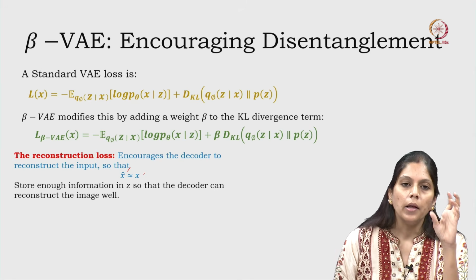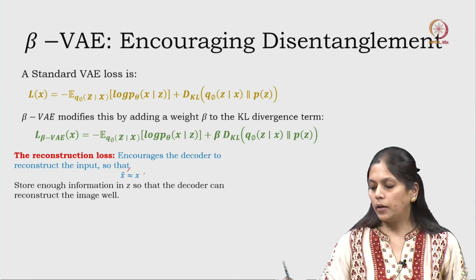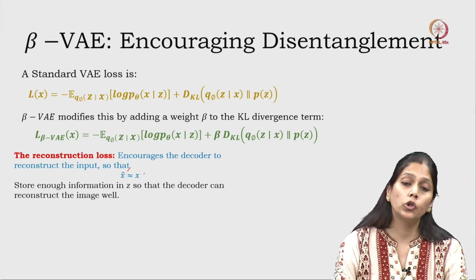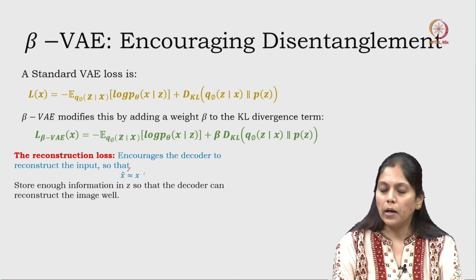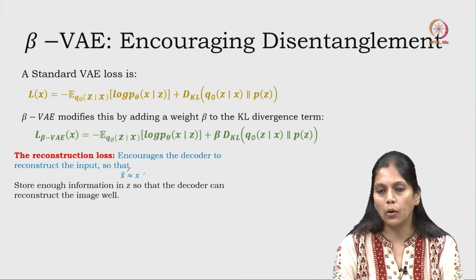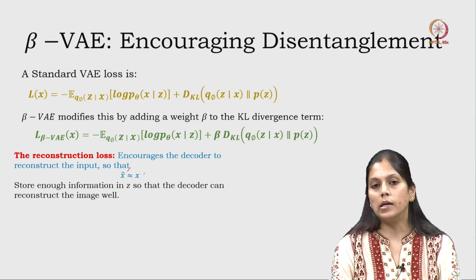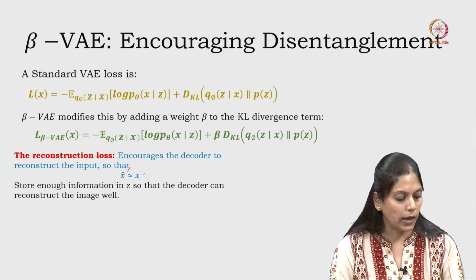How does the decoder reconstruct? Z is passed as input to the decoder. If Z is very good, then the decoder can reconstruct the data well. So store enough information in Z so that the decoder is able to reconstruct it.